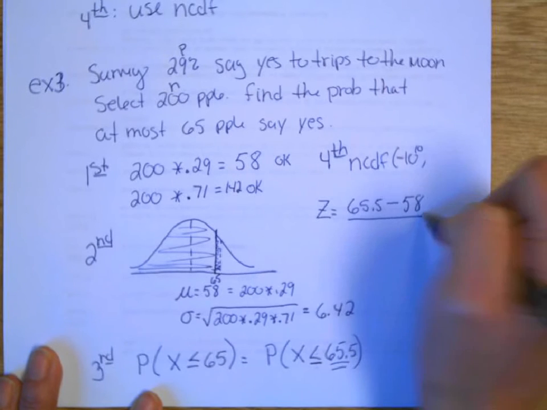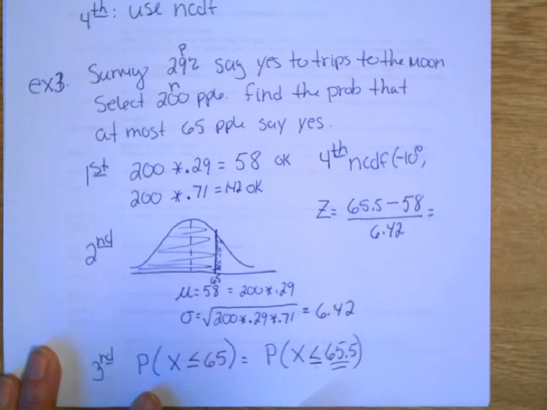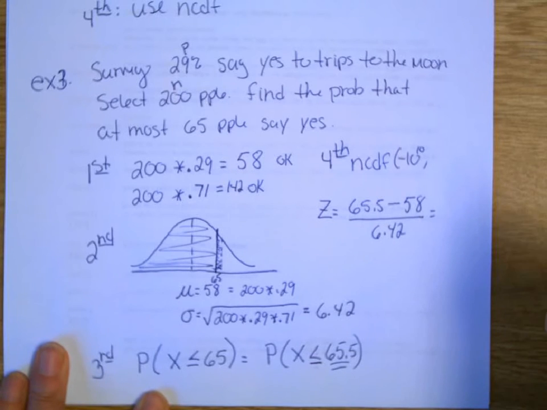That standard deviation was 6.42. And what did you come up with for that z-score?